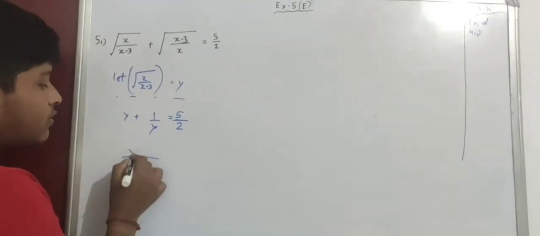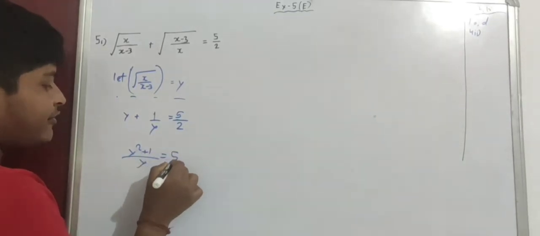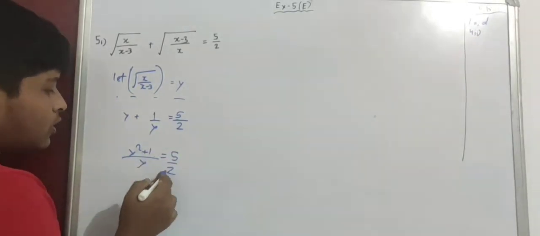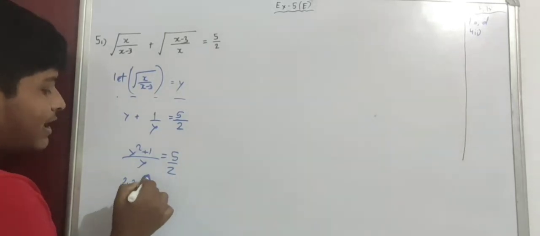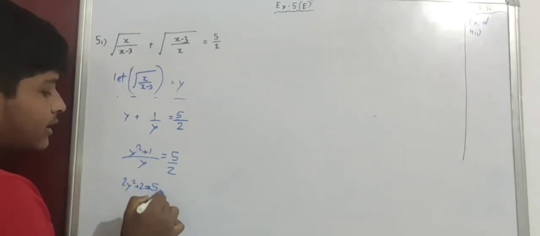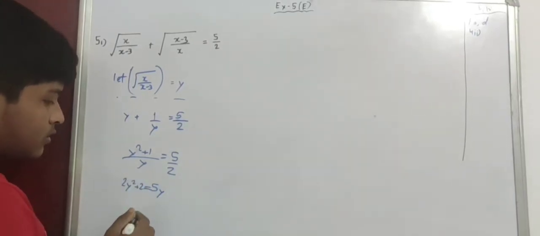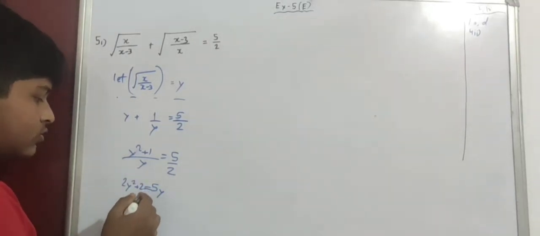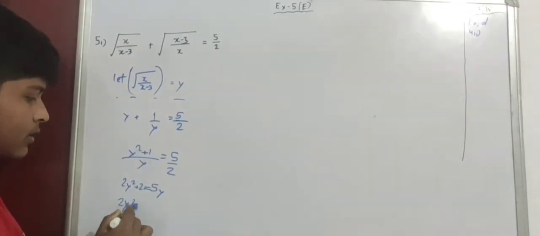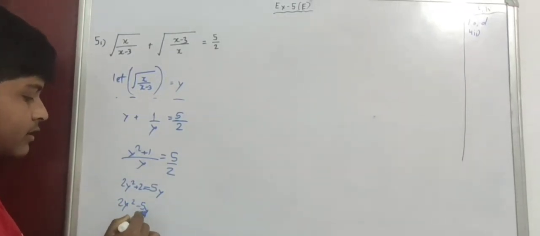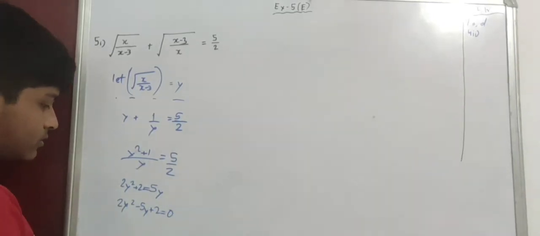You have y square plus 1 is equal to 5 by 2. 2 into this, you have 2y square plus 2 is equal to 5 into y, that's 5y. Send this to the side, you will get 2y square minus 5y plus 2 is equal to 0.